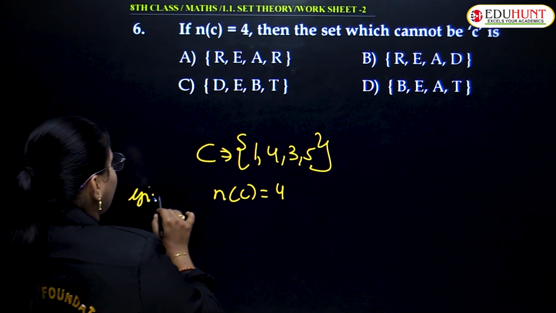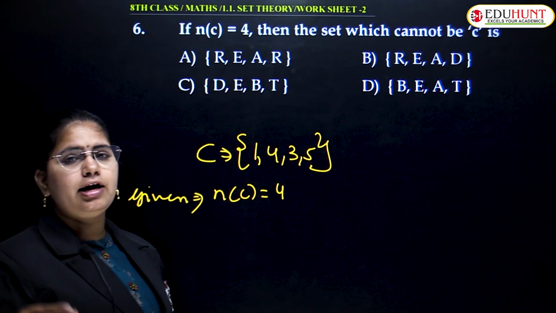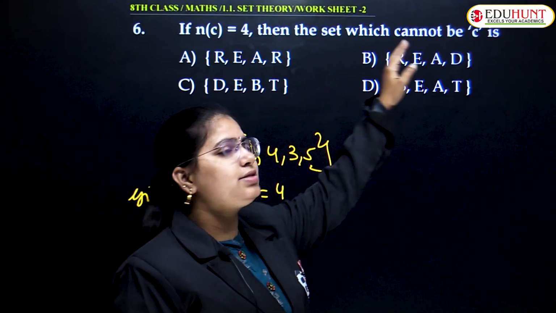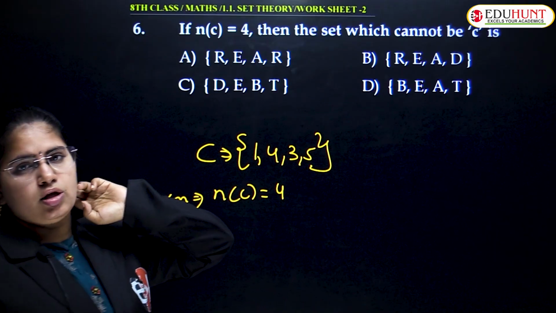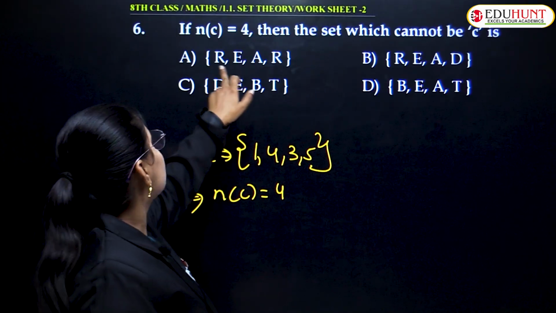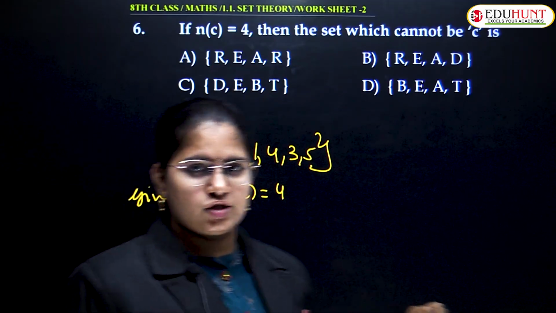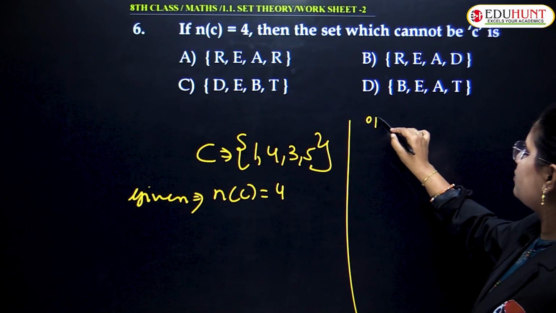Given n of C is equal to 4, meaning the cardinality of set C is equal to 4. Then the set which cannot be C is? So let us go with option verification, and check the first option.